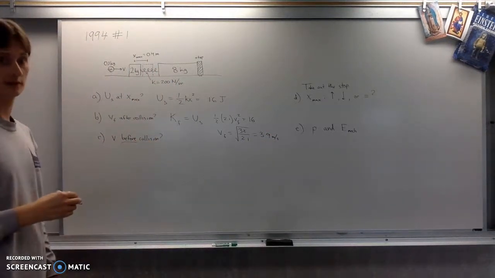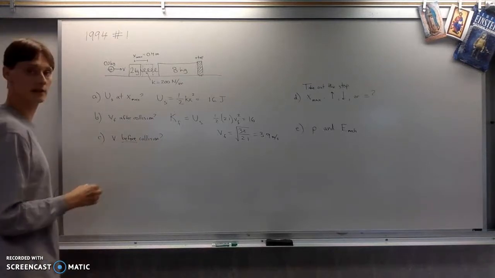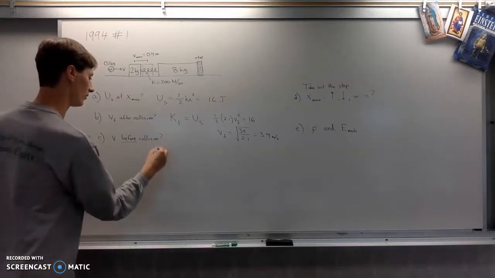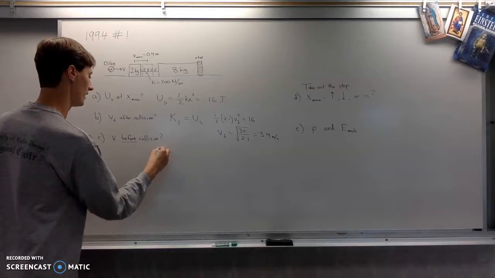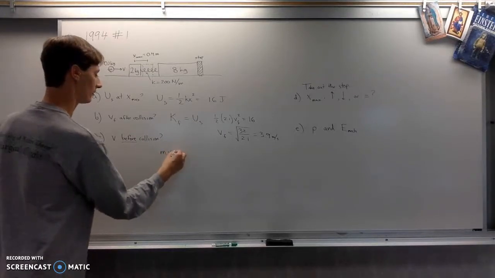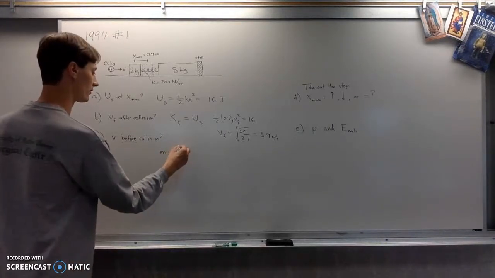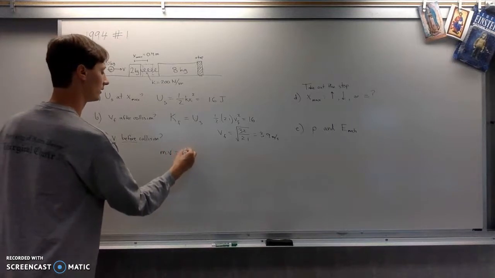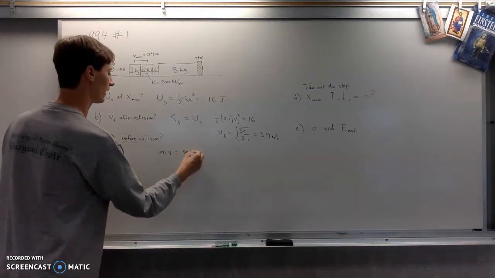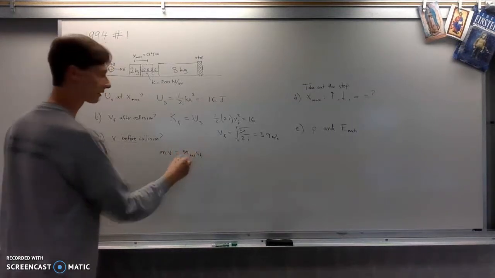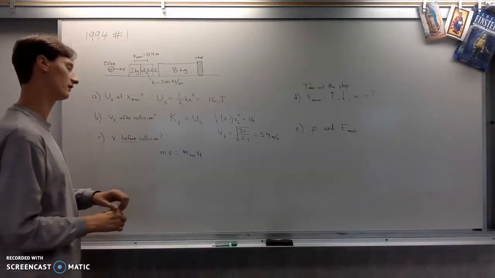Okay, now, velocity before the collision is going to be based on conservation of momentum. So we have m v before the collision equals m total v final, because that's what it's always going to look like for a perfectly inelastic collision.